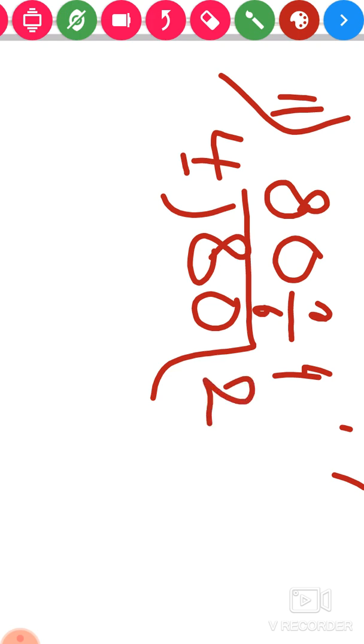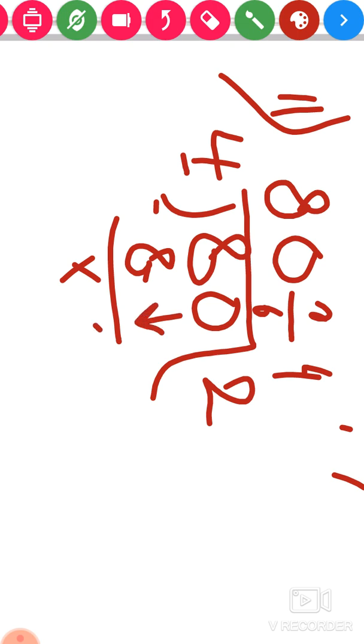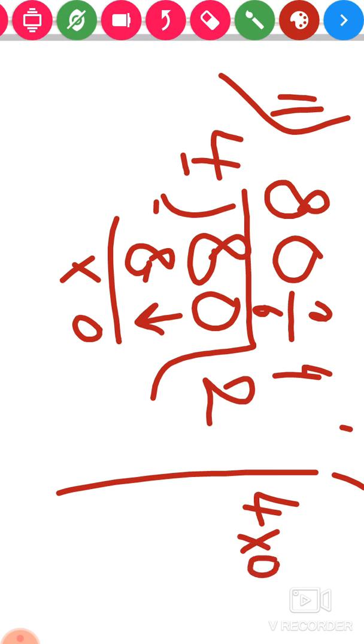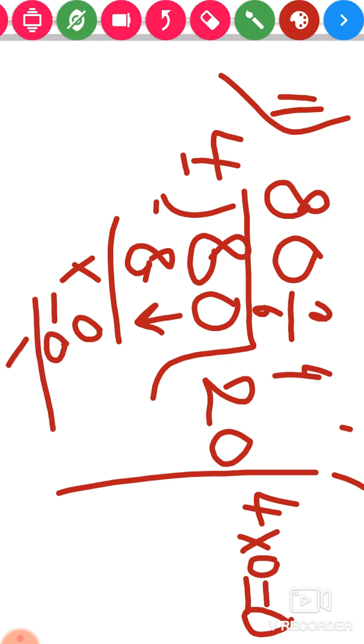So 8 comes in 4's table. Now we will write 8 below 8 and put a minus sign. 8 minus 8 we will get a cross. We will carry down 0. Now, does 0 come in 4's table? The way we did our last question, 4 zeros are 0. Okay. So the answer is 20.